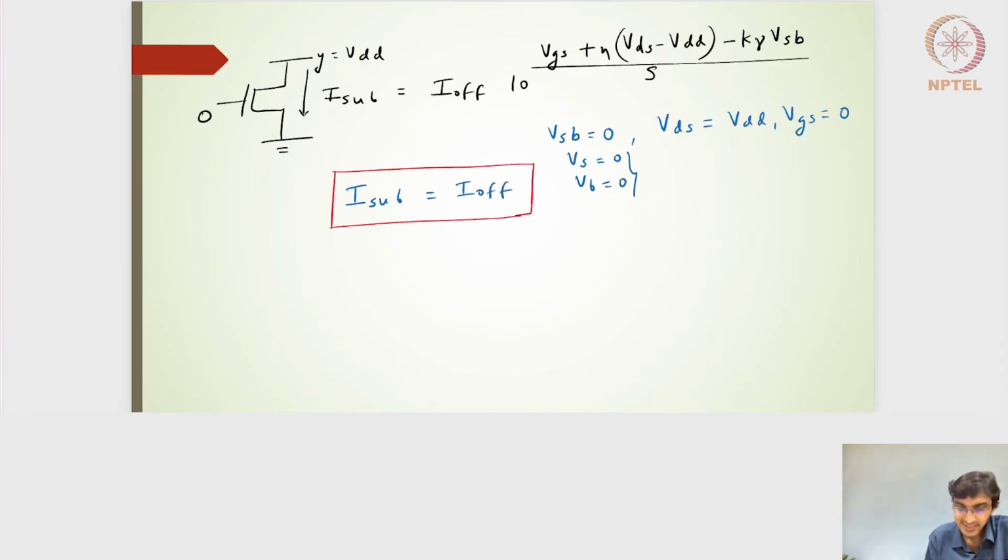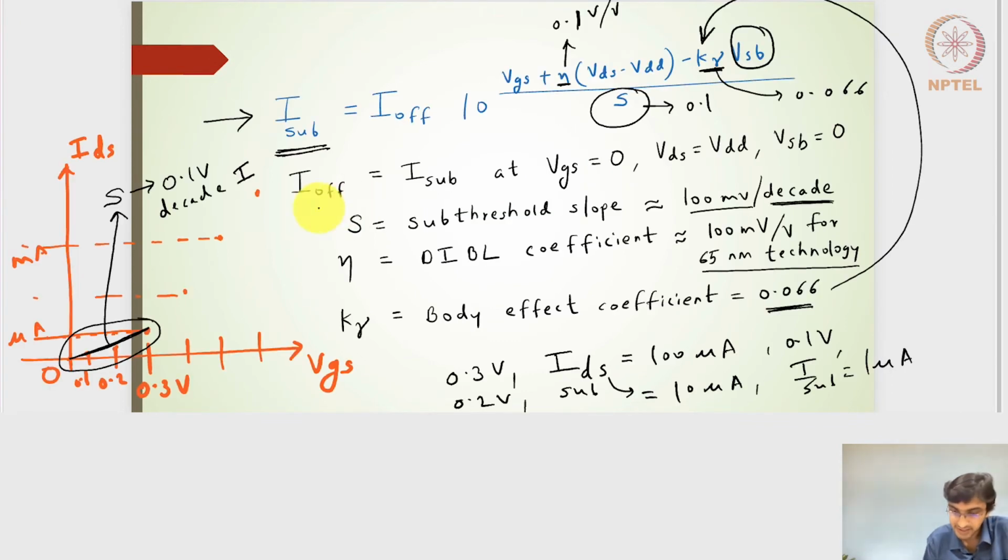So let's take a single transistor here, and I'll come to that I off value, or rather, I'll just define that. I off is nothing but I sub at VGS of 0 volts, VDS of 1 volt, or rather the VDD rail, and VSB is 0.